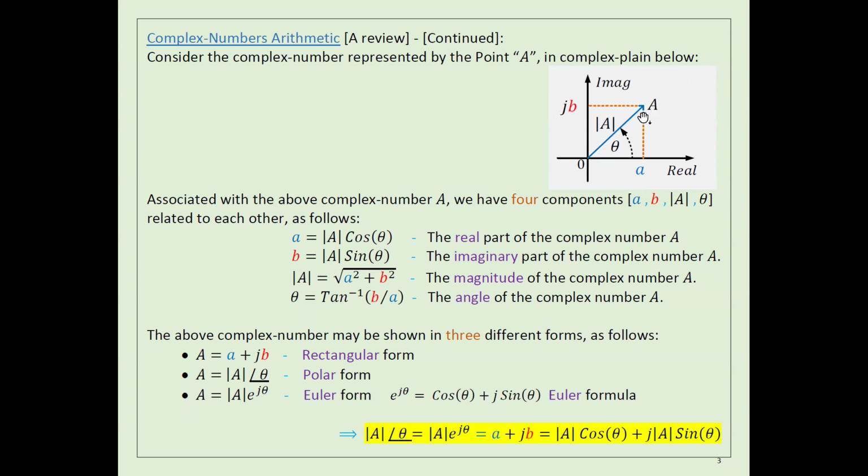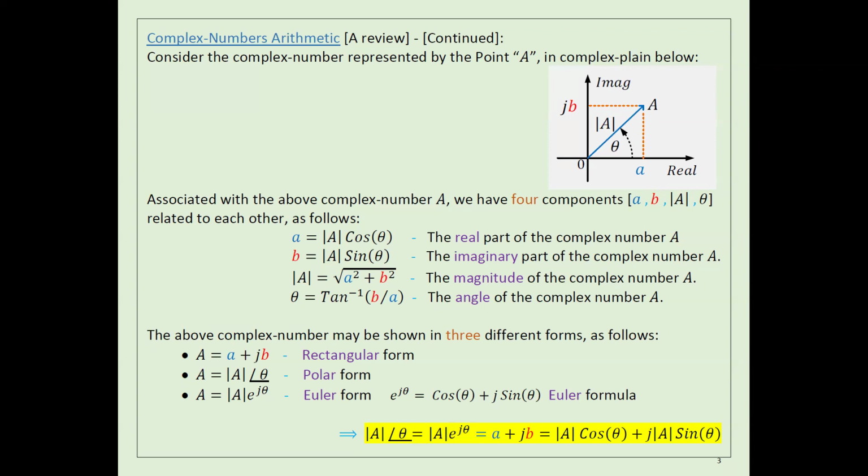I can represent the point using a and b, that's the rectangular form. Or I can represent the point using the length of this one, which we call the magnitude of A, and the angle, which we call theta. So we can write it this way.